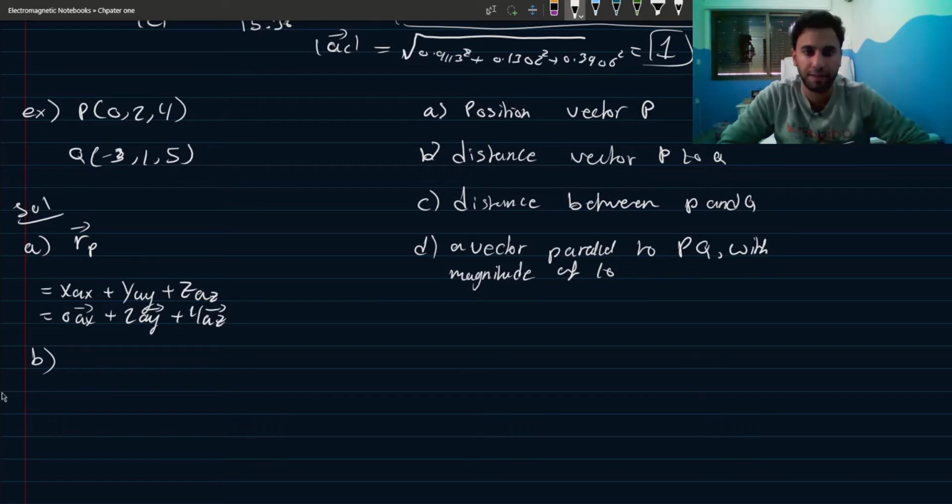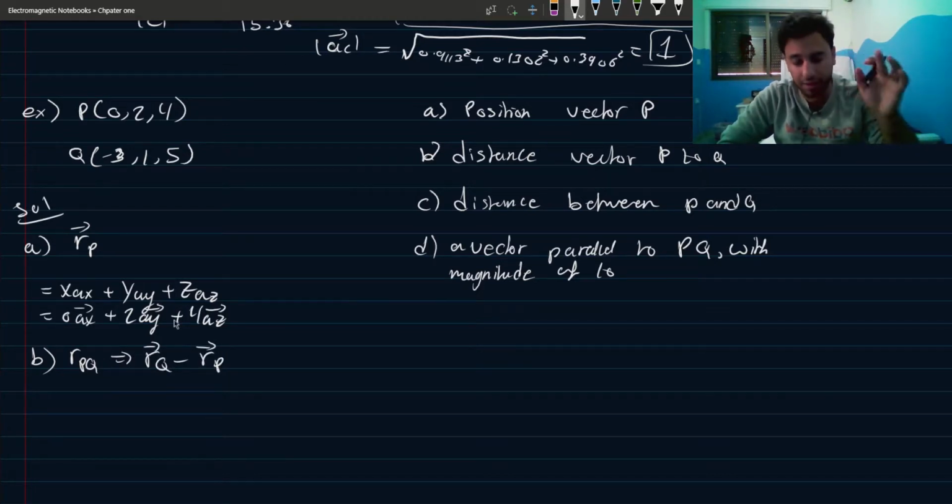Now B, the distance vector from P to Q. So they want us to find R_PQ. And that is equal to R_Q minus R_P. If you got this, then fantastic.